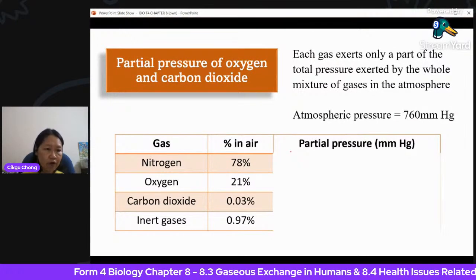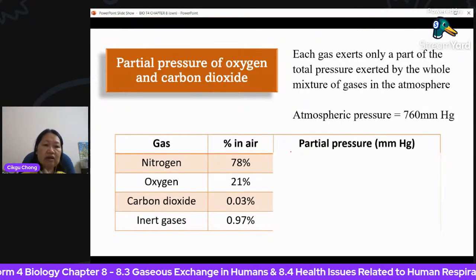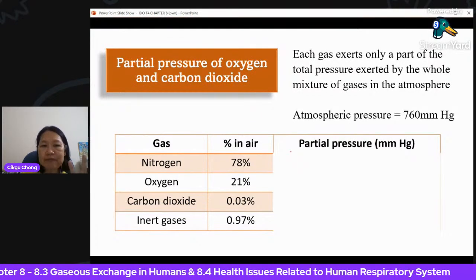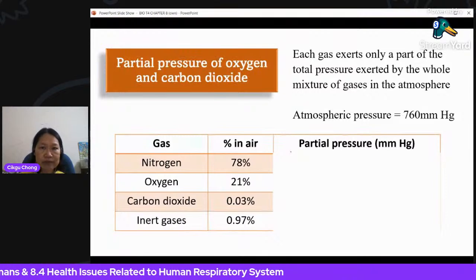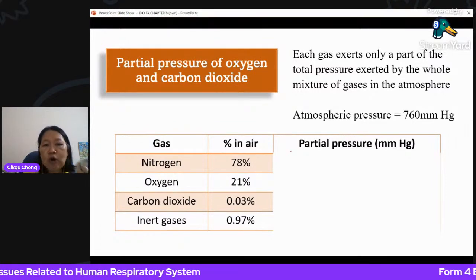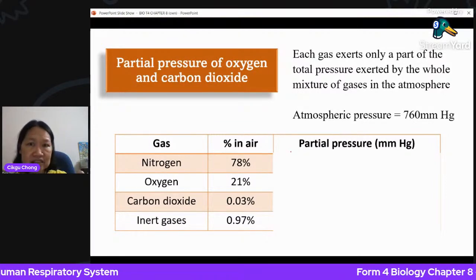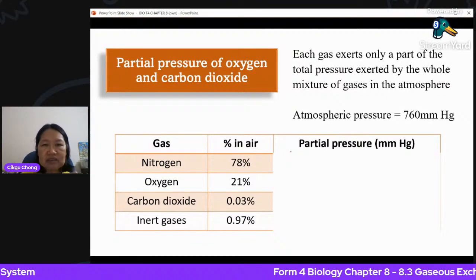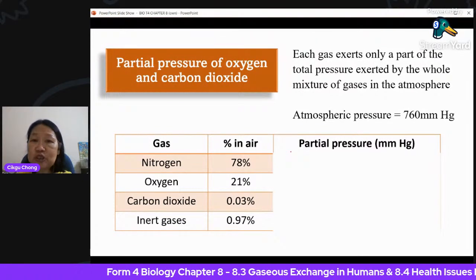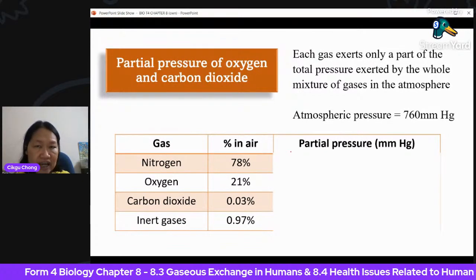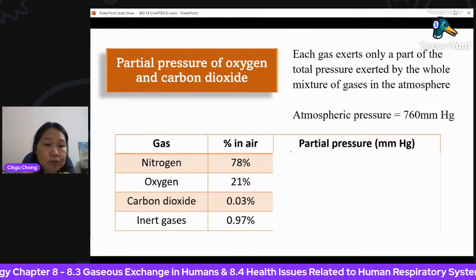Let's say these four gases, nitrogen, oxygen, carbon dioxide and inert gases, are four partners of a company with 100% of the shares. Nitrogen holds 78% of the shares. Oxygen is only 21%. Carbon dioxide is 0.03%, a very little percentage of the shares, and inert gases 0.97%.